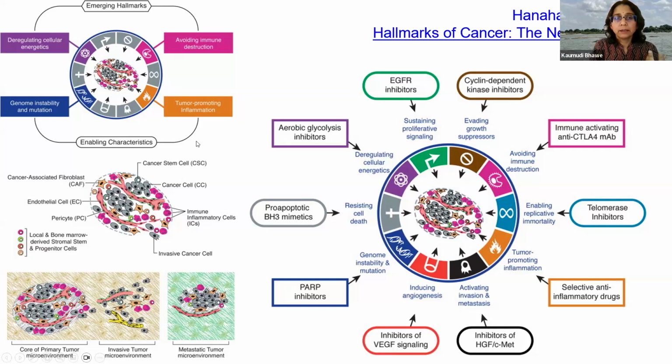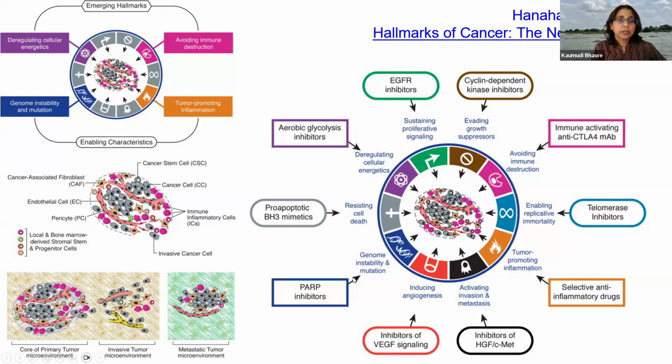And they did really amazing work here to put this in a diagrammatic format, where if the tumor is sustaining proliferative signaling, then there's at least a group of tumors that respond to EGFR inhibitors. For example, they're just giving an example of the kinds of treatments geared towards or targeting these specific hallmarks that they have identified, right?